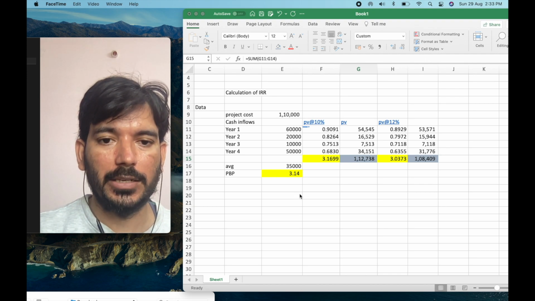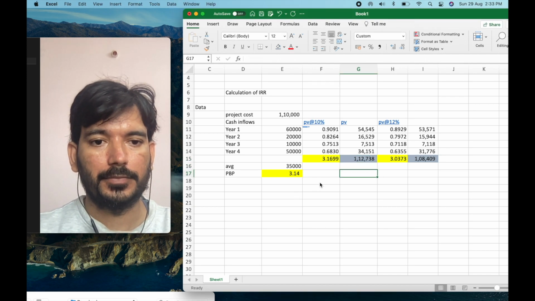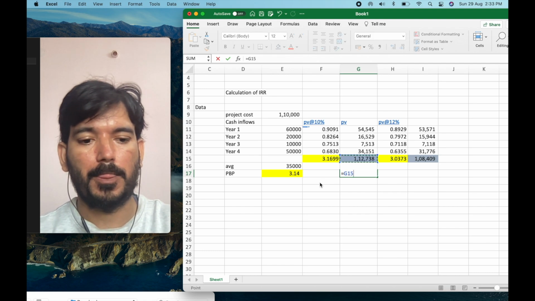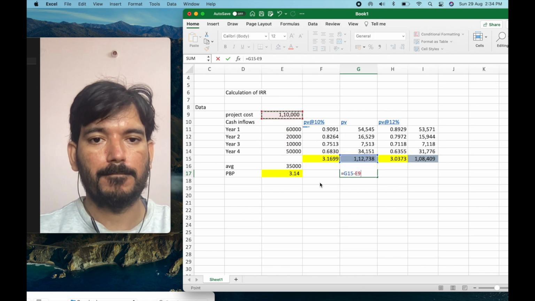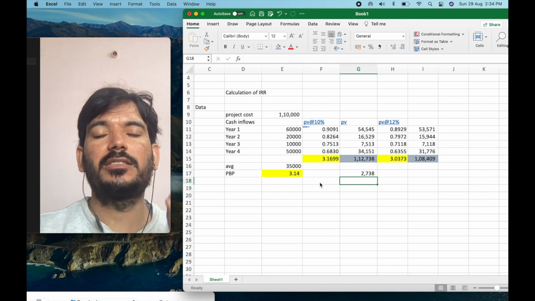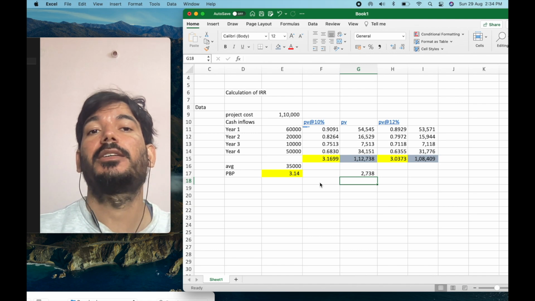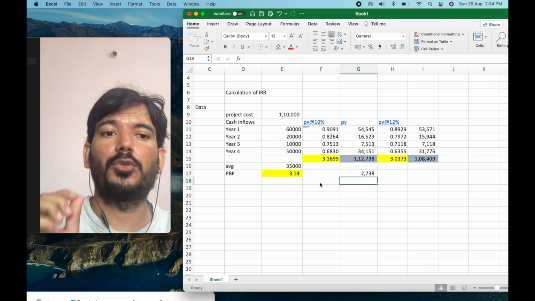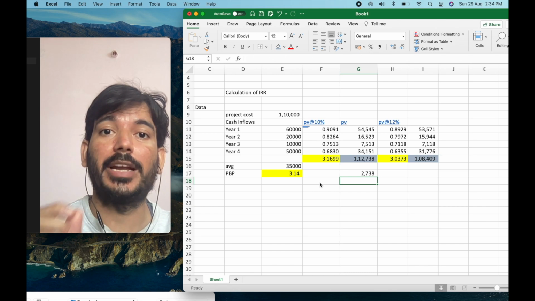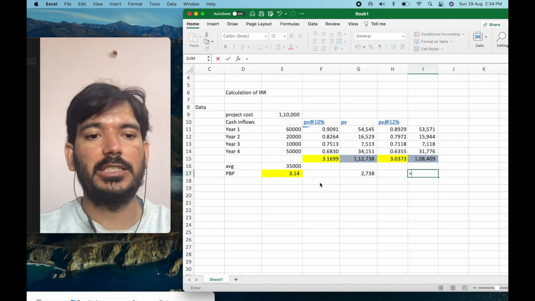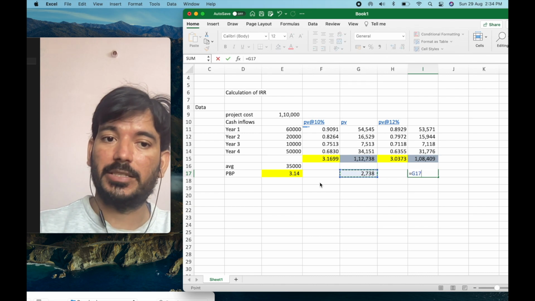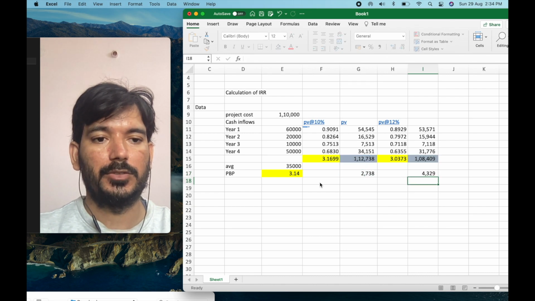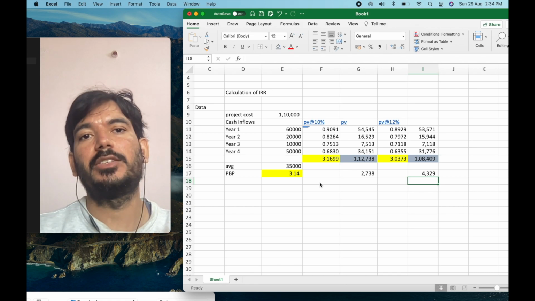So how do we do that? We are falling short of 2738 when we are discounting at 10%. Because we are not able to achieve our desired results, we are going to discount it at 12%. So what is the difference when we are discounting with 10% and 12%? 7329 is your difference.